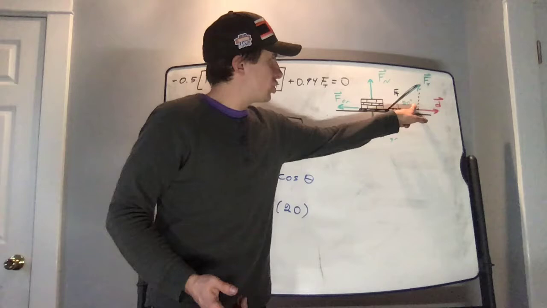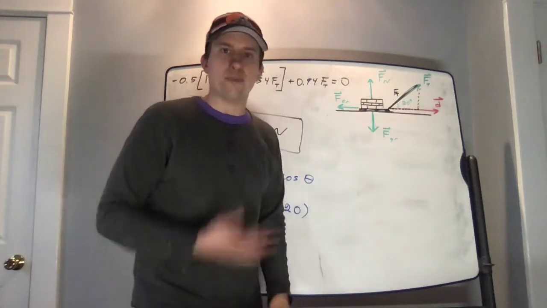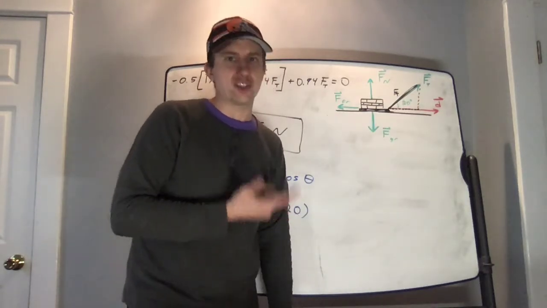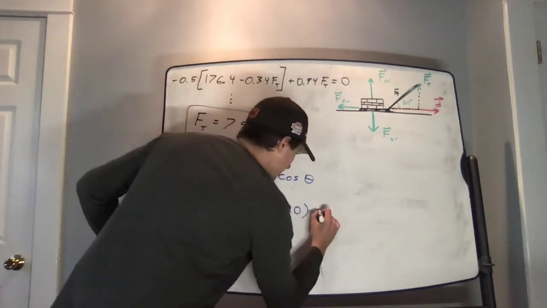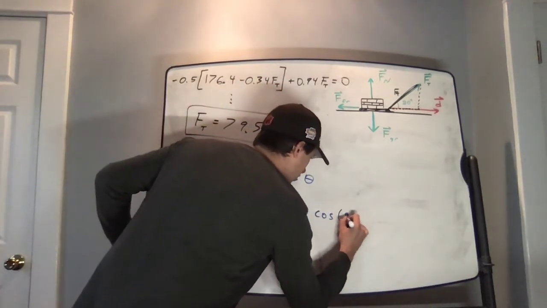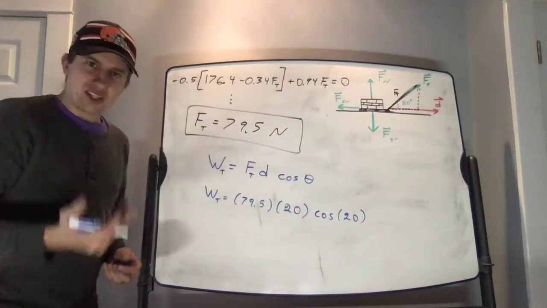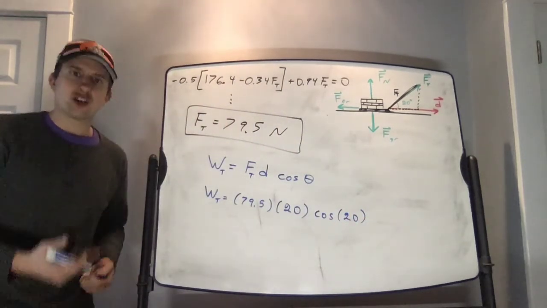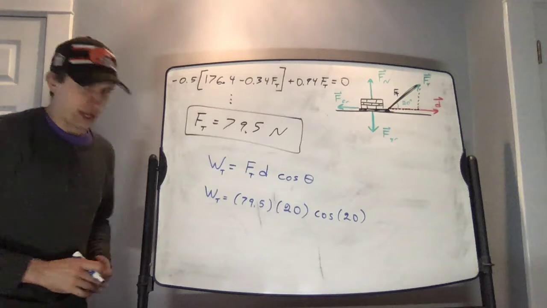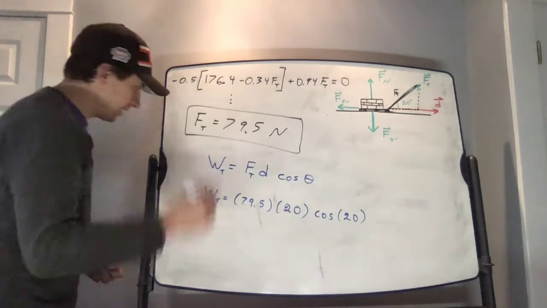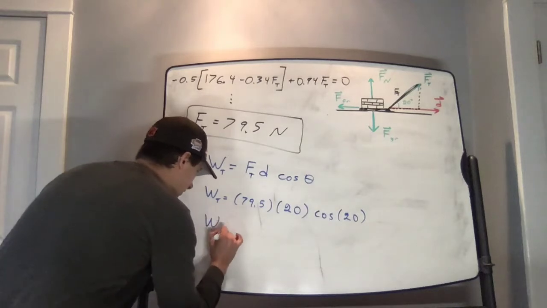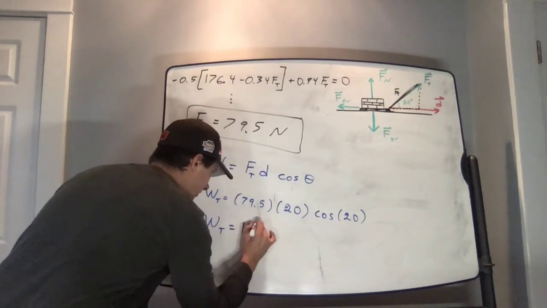The force of tension is 20 degrees above the positive x-axis, 20 degrees above the horizontal. So here I would have cosine of 20. At this point, I have numbers for everything, so I could plug these numbers into a calculator and find the work done by the tension force is going to be 1490 joules.